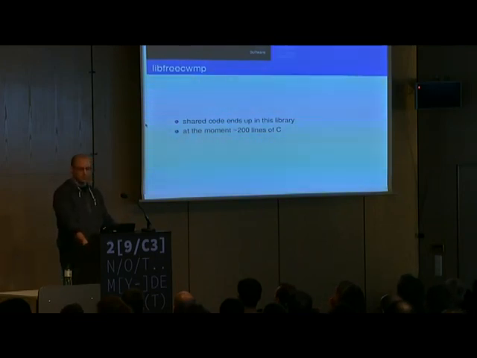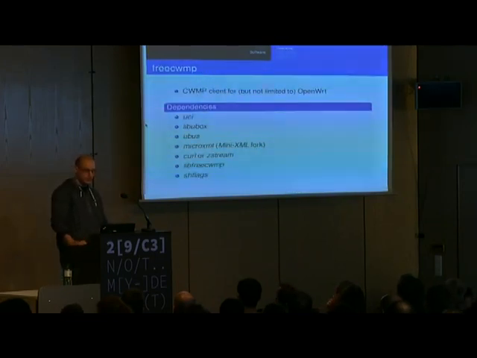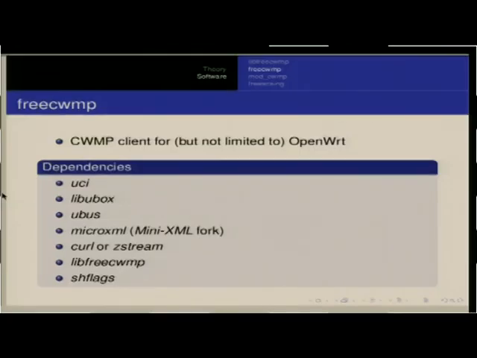It's around 200 lines of C. So freecwmp is a CWMP client for OpenWRT, but you can use it on other devices if you want. It uses mostly the libraries from OpenWRT, which are mostly from Nbd.